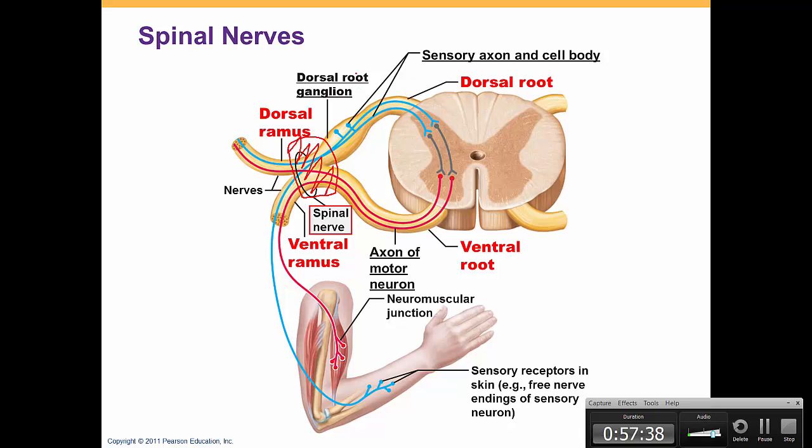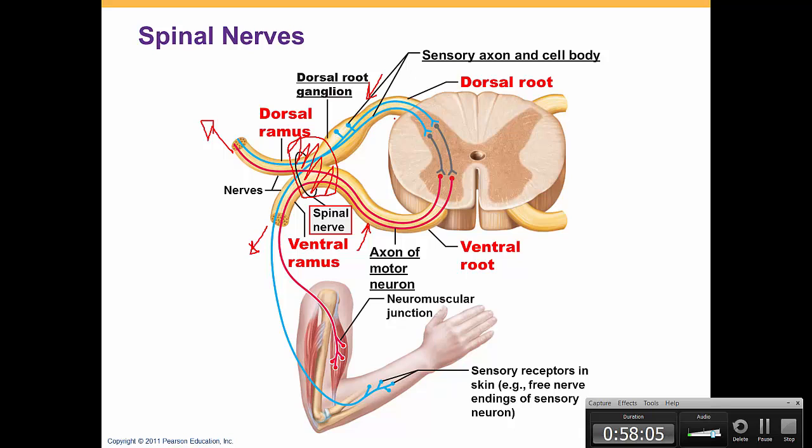It has a dorsal root or posterior root, and it has a ventral root or anterior root. And then it gives you rami. So I have a ventral ramus and a dorsal ramus. You can also call them anterior ramus and posterior ramus.